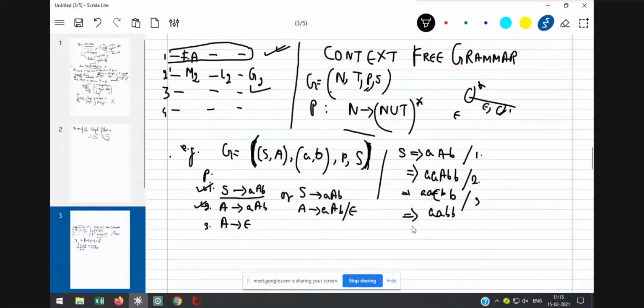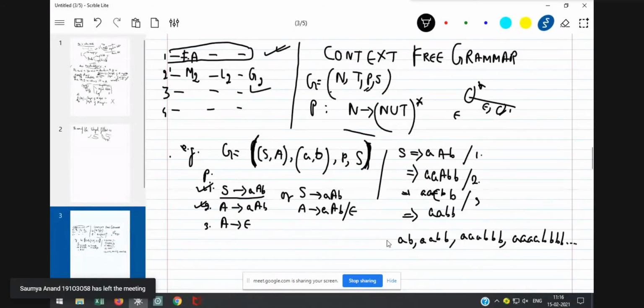Okay. Now, not only this, we can derive many more strings, like we could derive AB, then AABB, then AAABBB, then AAAABBBB. Using this grammar, we could derive such kind of strings. Hence, the language is nothing but the collection of strings.